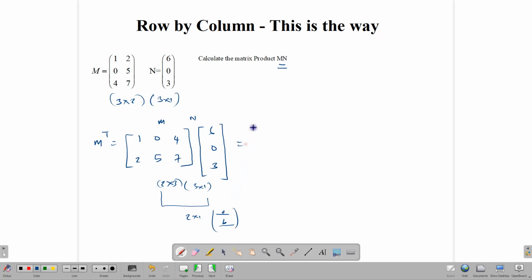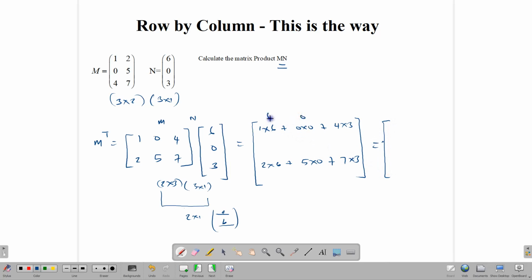So let's do the multiplication. 1 times 6 plus 0 times 0 plus 4 times 3. And then 2 times 6 plus 5 times 0 plus 7 times 3. Let's see what we get. 1 times 6 is 6.